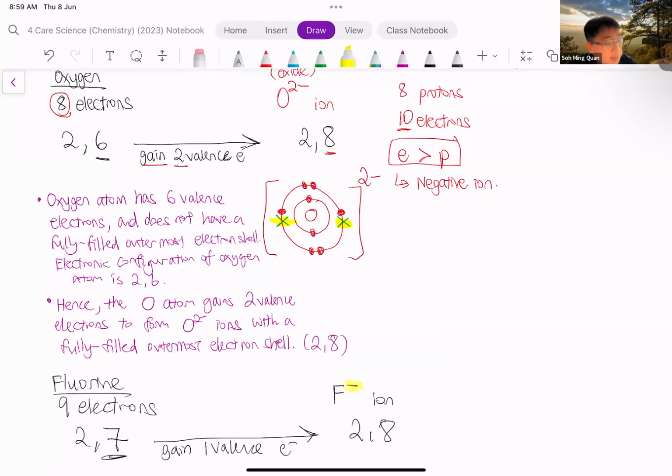Why is it only minus? Because you only gained 1 valence electron. So the charge is 1 minus. And we usually omit the 1 from the formula. Now, just like oxygen atom became oxide ion, fluorine atom, when it gains the valence electron, becomes the fluoride ion.